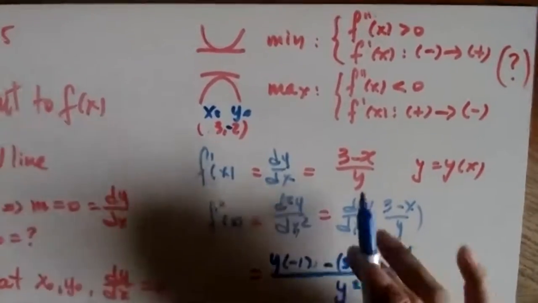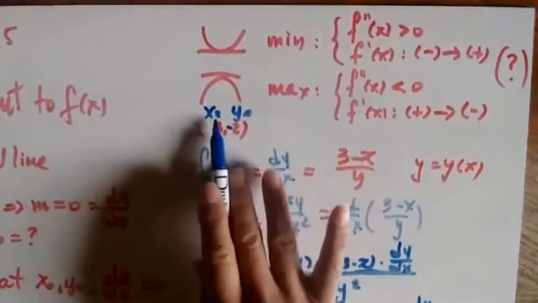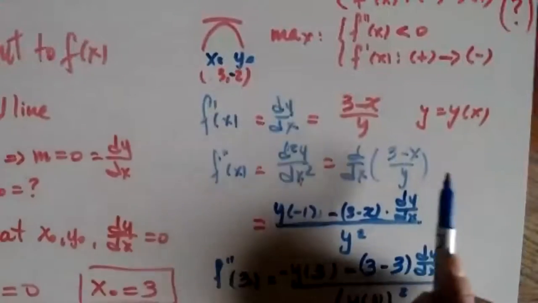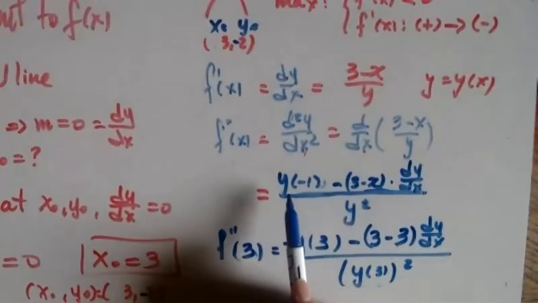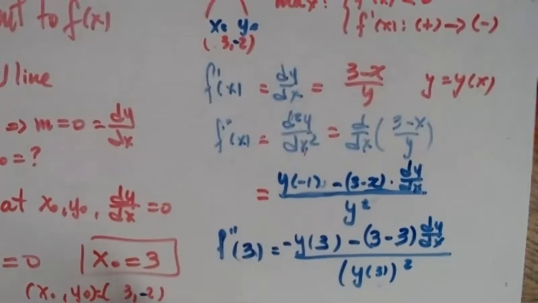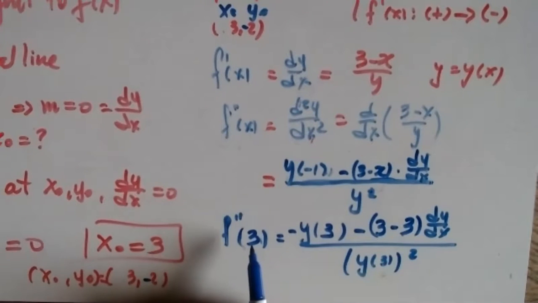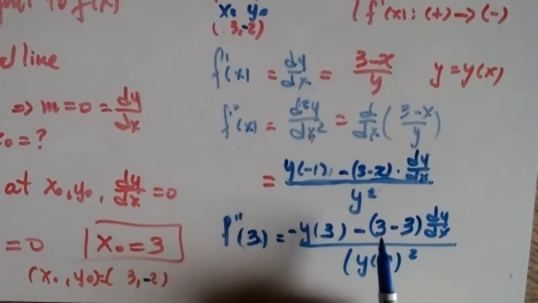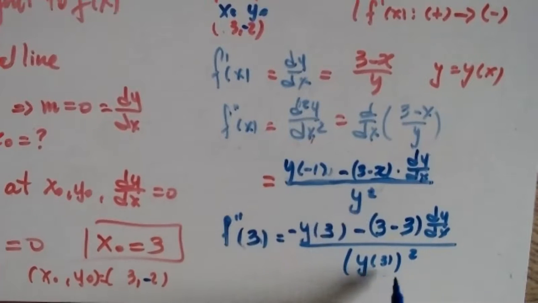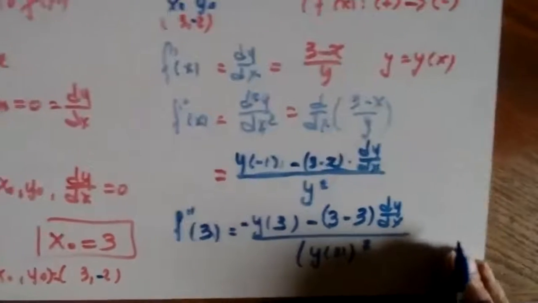So the second derivative in x has to be evaluated at x0. Okay, I get the second derivative. So the derivative of this quotient rule is this one. And then I'm going to evaluate this at 3. So negative y at 3, (3 minus 3) times whatever is here, it doesn't matter, this is going to be 0 also, y of 3, so I'm going to put the numbers.